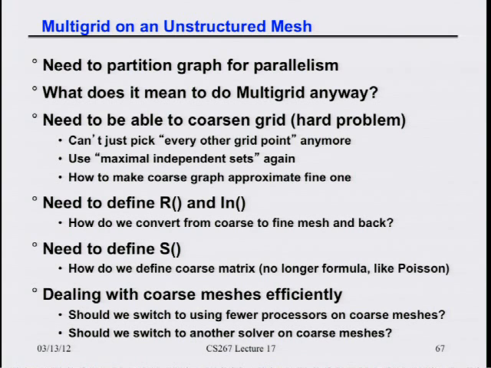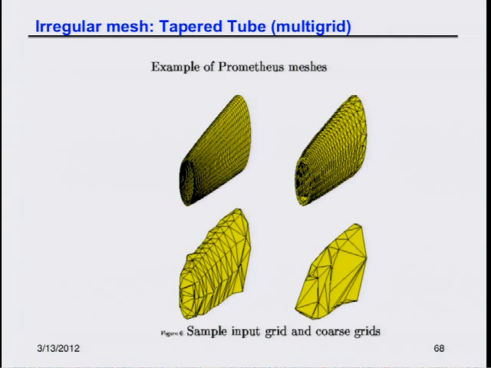So here's just a picture to illustrate what it means to pick every other mesh point in an irregular mesh. Here is a tube which has a certain thickness. And so I have a mesh which discretizes this tube. And when I take every other mesh point using one example algorithm, this still looks like a tube, basically, with every other mesh point.